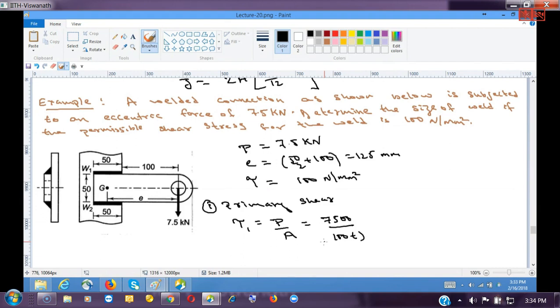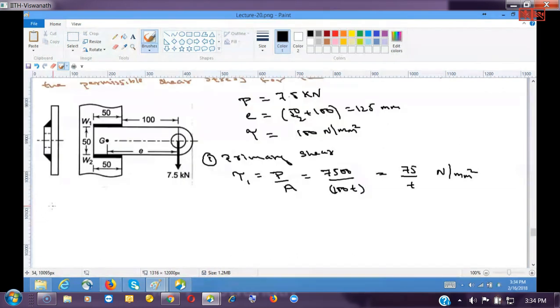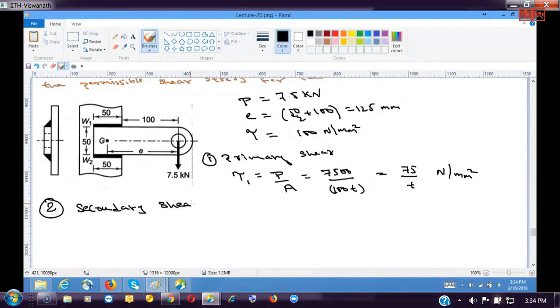Now this is your primary shear. Now comes the secondary shear. In our case, M is equal to P times E, which is 7,500 into 125, giving 937,500 Newton mm.